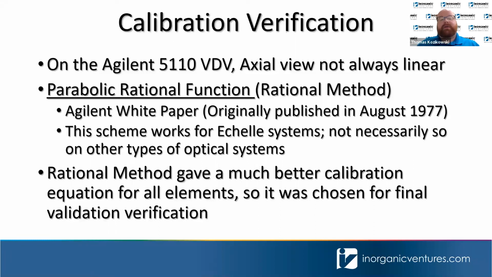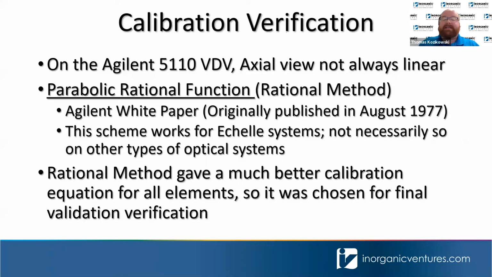So we started to evaluate the parabolic rational function, which their software dubs the rational method. There is a really good white paper on this subject from Agilent. It was originally published in 1977 when it was Varian, and it revolves around the AA systems. But this scheme seems to work for the axial systems that our Agilent system has.